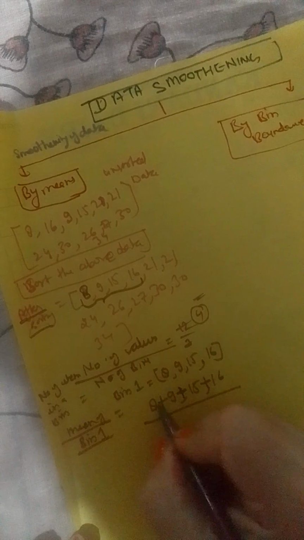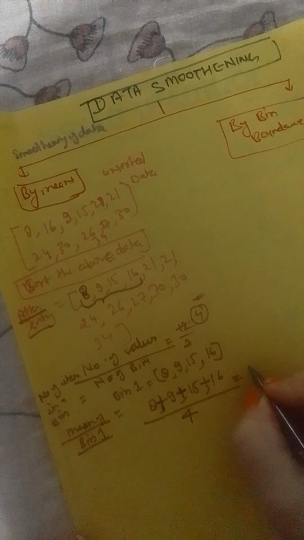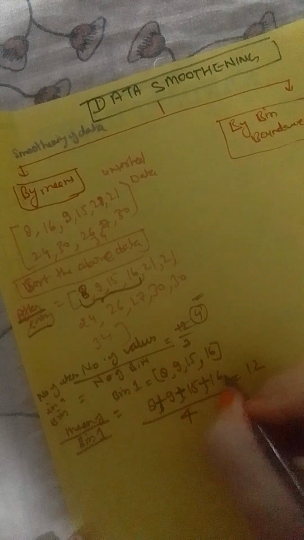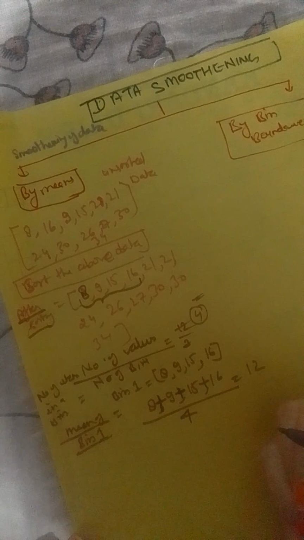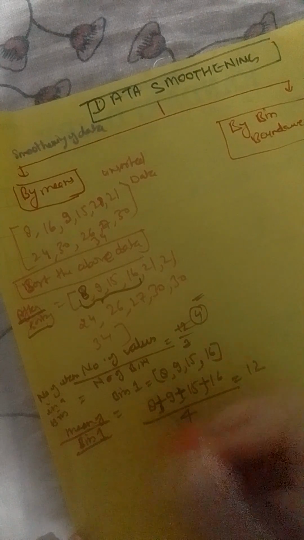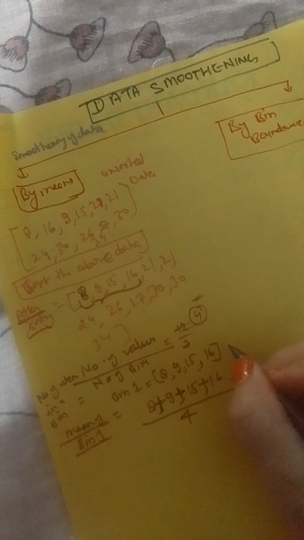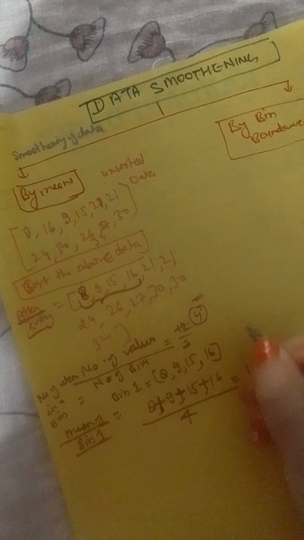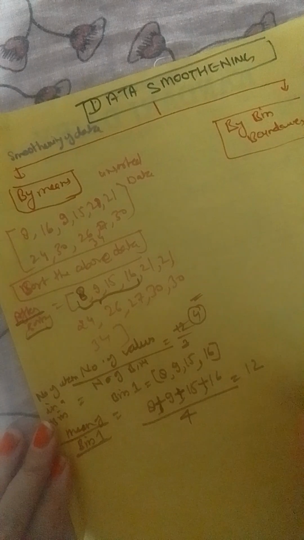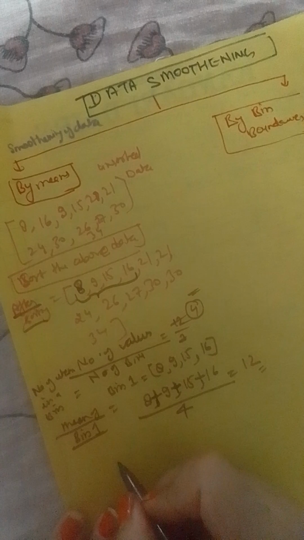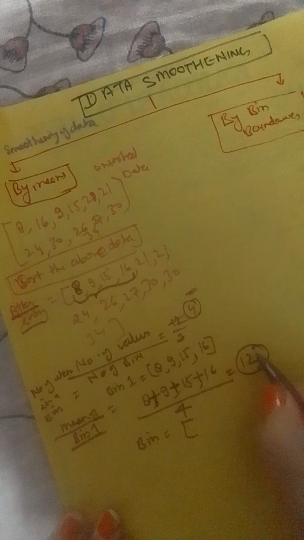It is very simple, I have already told you. 8 plus 9 is 17, plus 15 is 32, plus 16 is 48... the sum comes to 60, and 60 divided by 4 is 12. So this is the mean of bin 1.